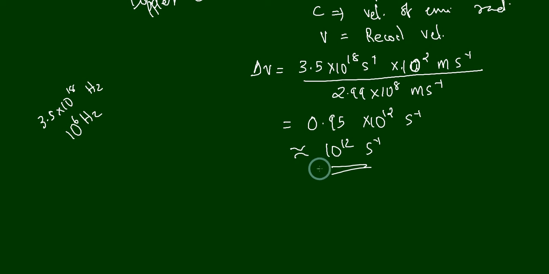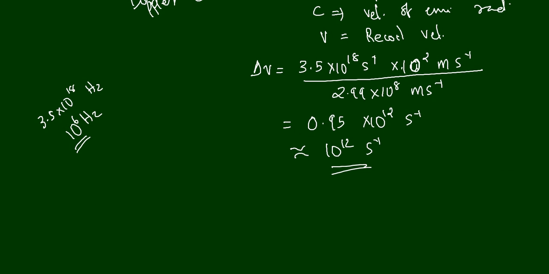That's a huge shift if you are comparing it with the line width, right? Because the line width is 10 raised to 6 hertz. So the shifted frequency is 10 raised to 12 hertz, which means it is shifted to a very large distance compared to the line width of 10 raised to 6 hertz.